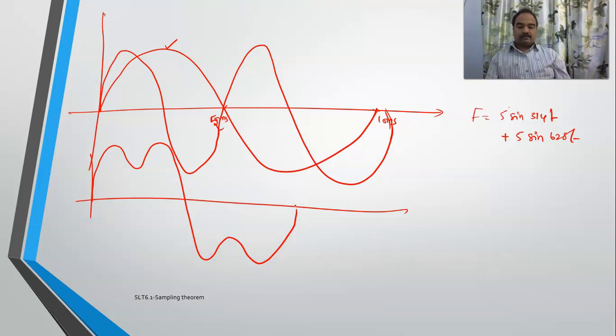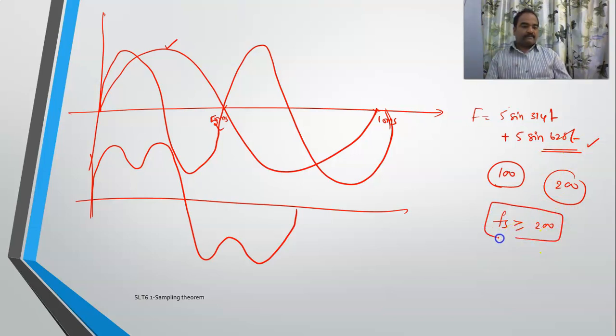Right, so now how are you going to choose your sampling frequency? If you choose your sampling frequency as 100, in this case, what is the maximum frequency? It is 200, not 100, because this is having a higher frequency. So how should you choose your sampling frequency? Greater than or equal to 2 times 200, which means you are supposed to go with at least a minimum of 400 hertz.